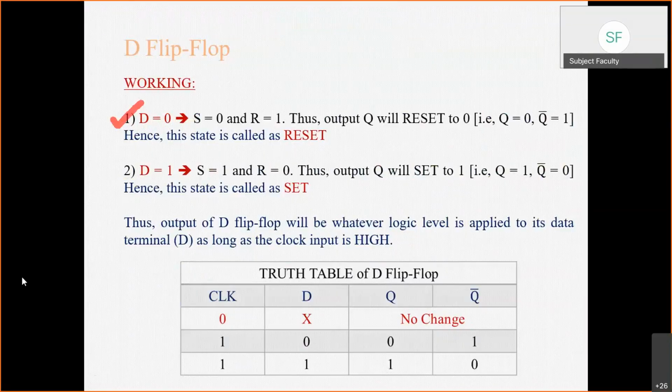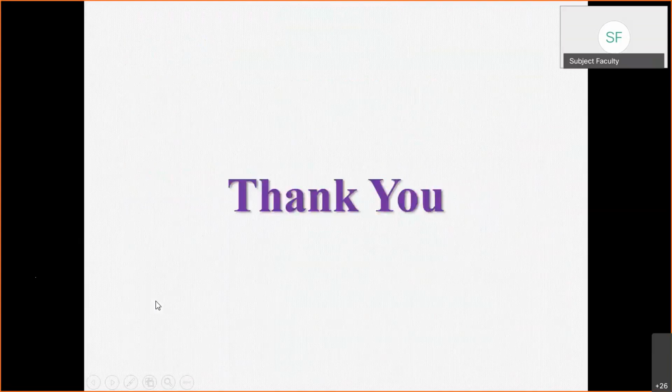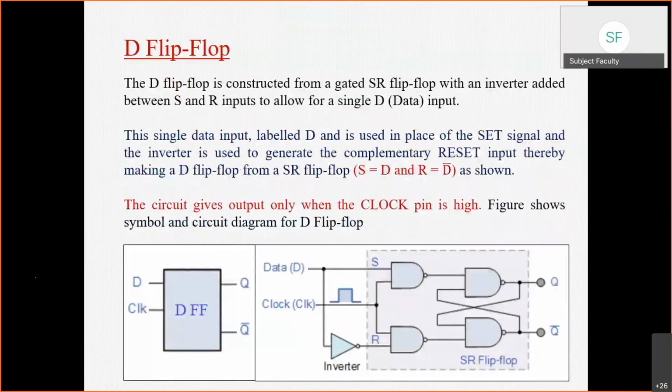Now let's see what happens when the value of D is equal to 0. Okay, so I am again going back to our circuit diagram of D flip-flop. Now we will see its working in detail.